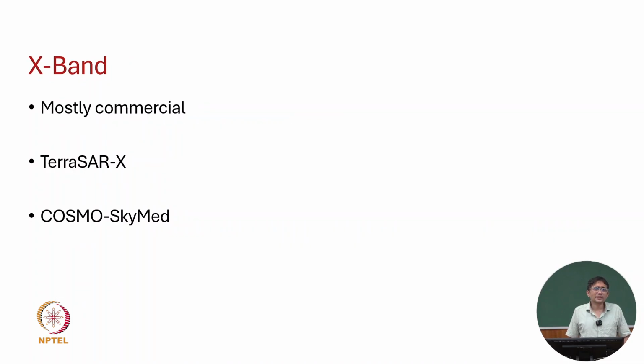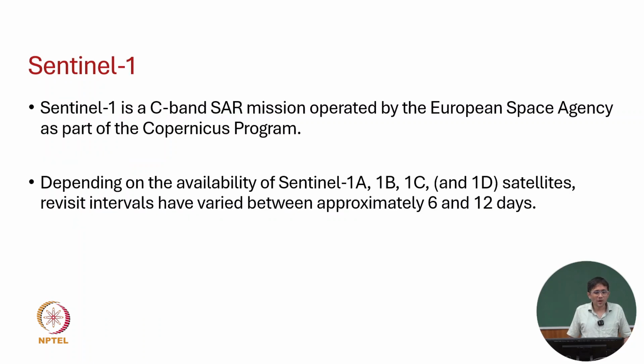So, talking a bit about X-band. X-band images, since they're high resolution, are mostly commercial. Some examples include TerraSAR-X, Cosmo-SkyMed. Sentinel-1 is freely available from the European Space Agency as part of the Copernicus program, and this is the most dominantly used in academic research, since it's freely available, of course.